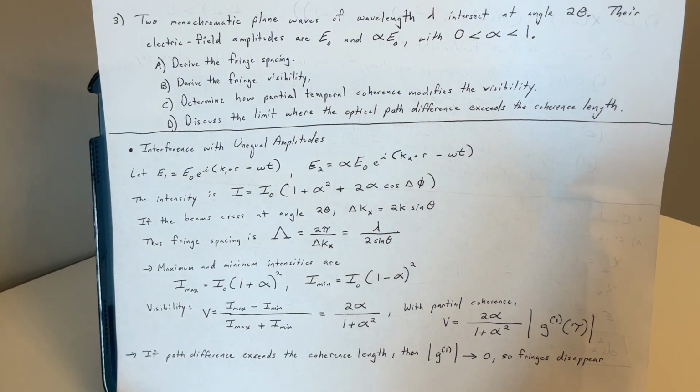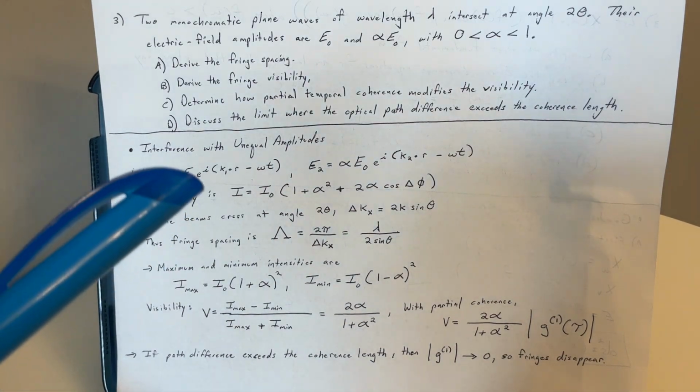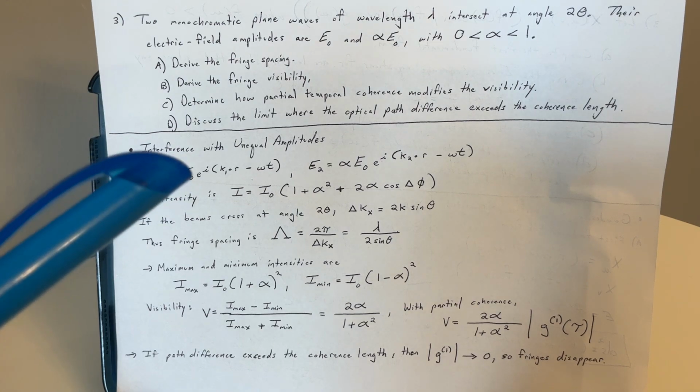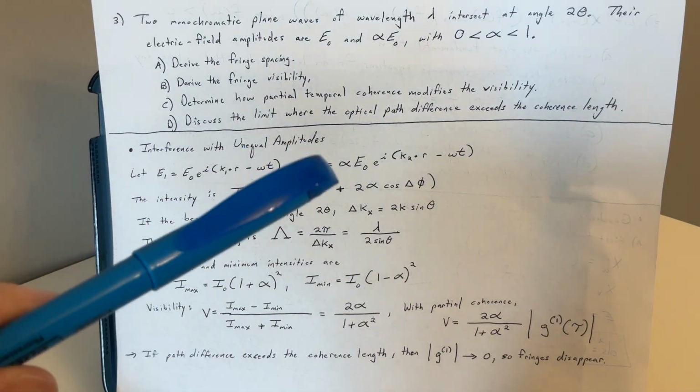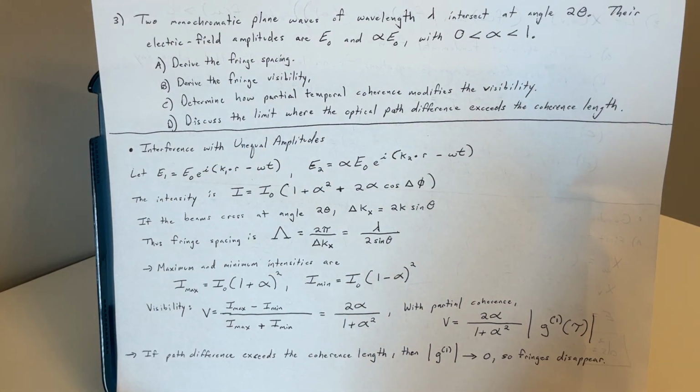So this is an interference with unequal amplitudes type problem. Here, let E sub 1 equal E naught e to the i times the quantity k sub 1 dot r minus omega t, and then E sub 2 equals alpha E naught e to the i times the quantity k sub 2 dot r minus omega t.